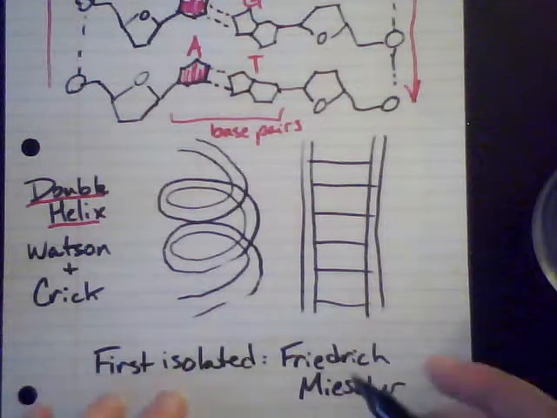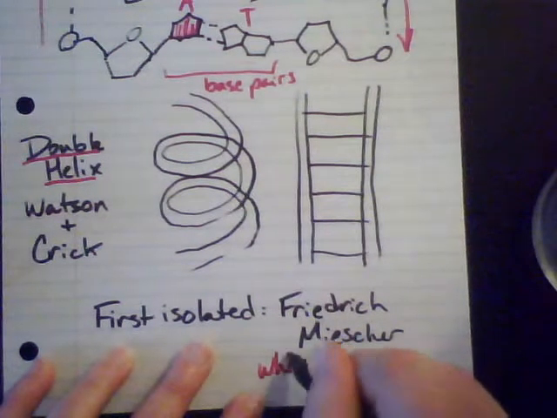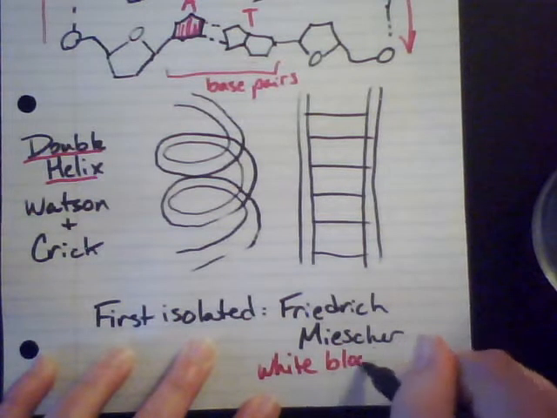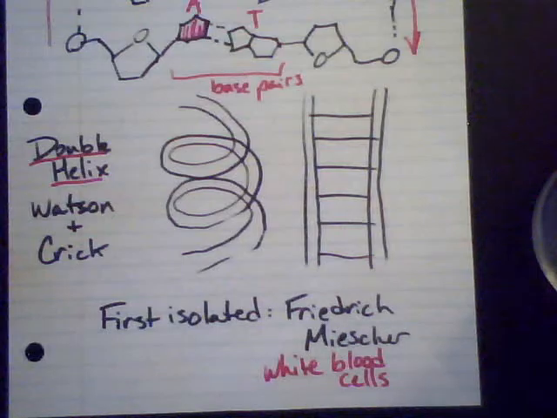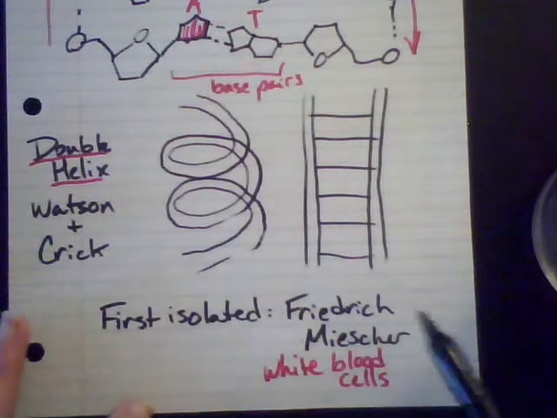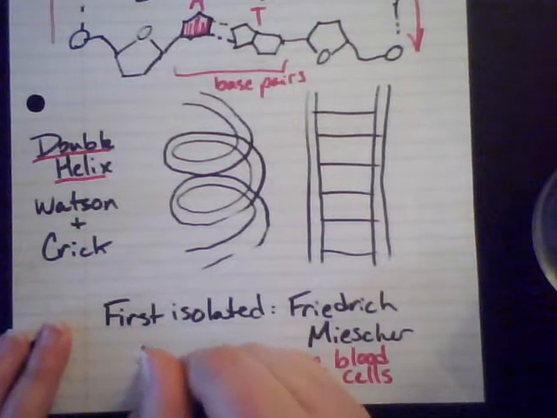And he was looking in specifically the white blood cells. And these white blood cells are the ones that are kind of the cavalry that comes in for immune responses. So again, pus. And he called the stuff that he first isolated nuclein.